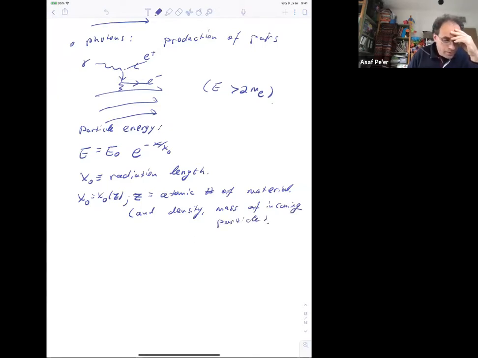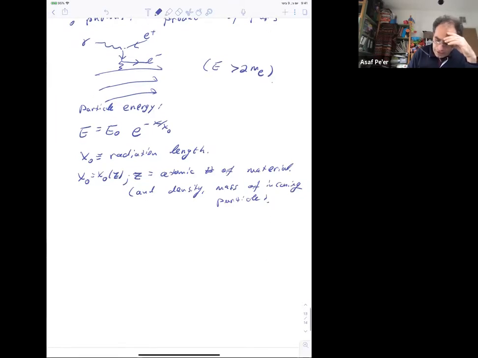Yeah. So I took from the PDG, so for lead, X0 of lead is 6.37 grams per centimeter squared. Let me have this, I'll show you that in a second. So for photons, the radiation length is slightly larger. It's 9/7, so it's about 30% larger compared to the electrons.